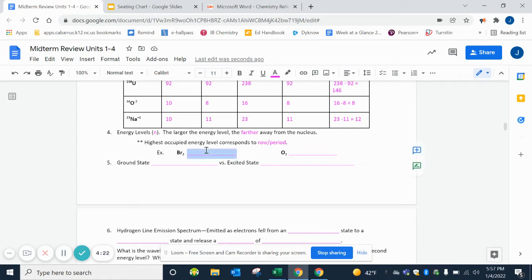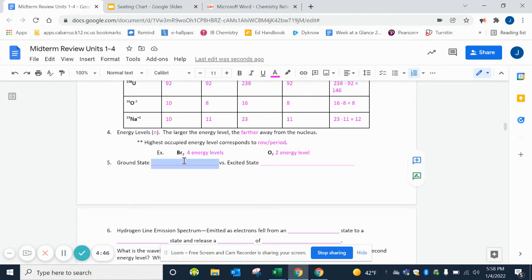Bromine is in the 4th period, so it has 4 energy levels. Oxygen is in the 2nd period, so it has 2 energy levels. So the row or period tells you how many energy levels there are.